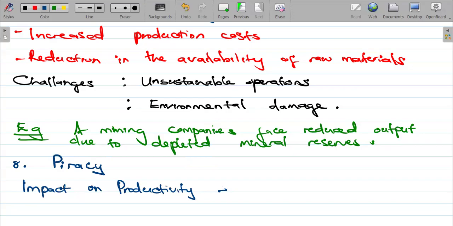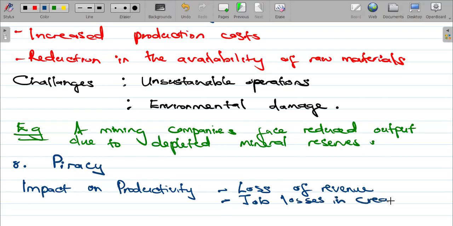Maybe the business might lose revenue, and also job losses in creative industries, especially in the music industry. In the music industry, piracy is common.